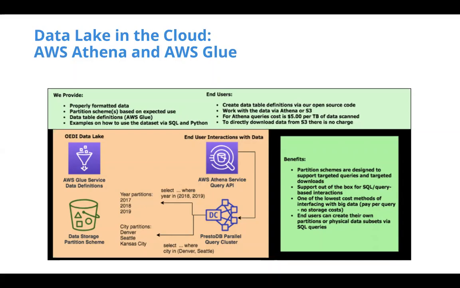I think I mentioned it's like $5 per terabyte of data scanned. So there is a little bit of cost associated with this type of data access. And then once you are in there, you have a lot of flexibility with moving data around. You can, for instance, create your own subsets of the data in S3 and use a similar method to join that and mash it up with other data sets.